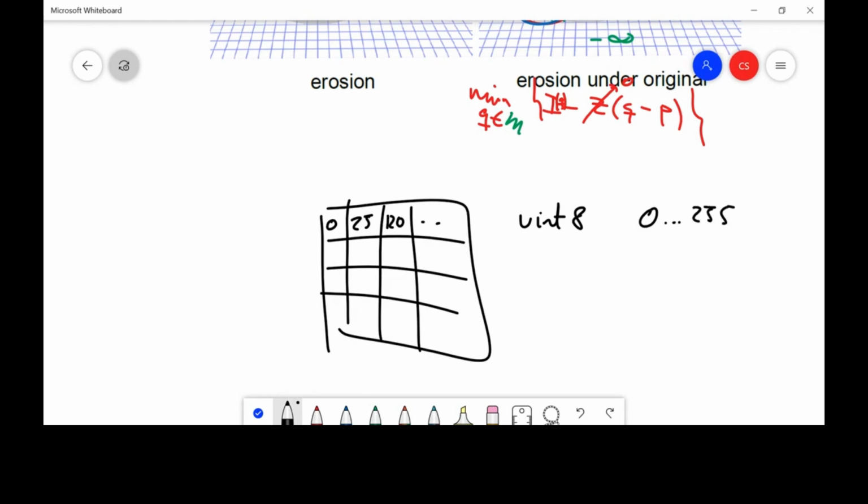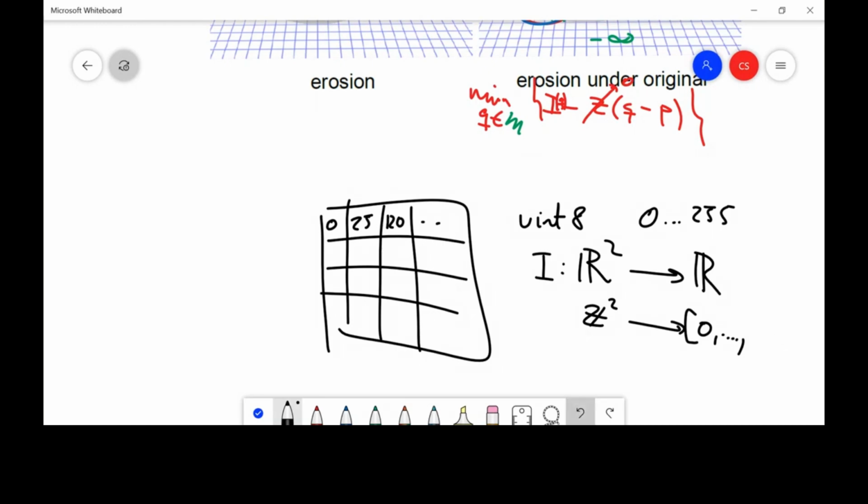But we know that an image in general is a function that goes from R squared, so a grayscale image, to R, or as we were doing before, from Z squared onto 0 to 255.